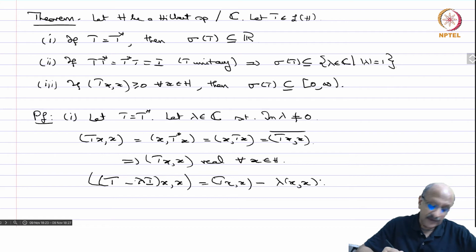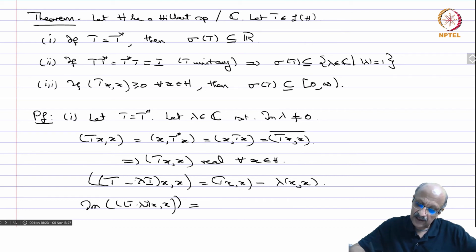So the imaginary part of ⟨(T − λI)x, x⟩, since ⟨Tx, x⟩ is real, is nothing but the imaginary part of lambda times norm x squared.